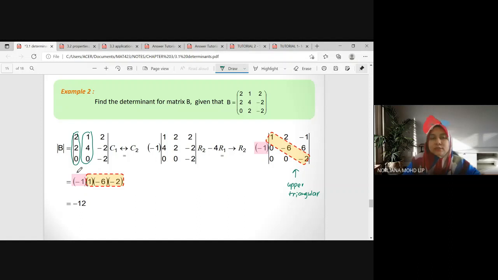So the determinant is equal to negative 1 times the product of main diagonal, which is equal to negative 12. Untuk yang example tu ni ada combination lah. Combination with column operation and row operation. Combine column and row operation. Ni pun boleh.